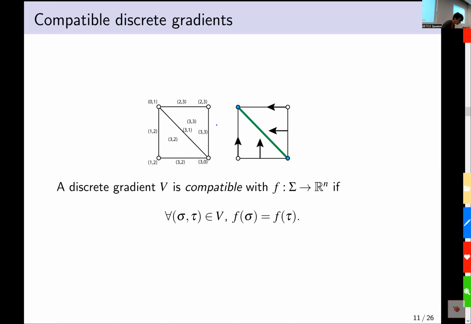This is represented in this picture, where I can, for example, pair this pair and get this arrow, because this is allowed, and also these two give this pair, and these two give this arrow.